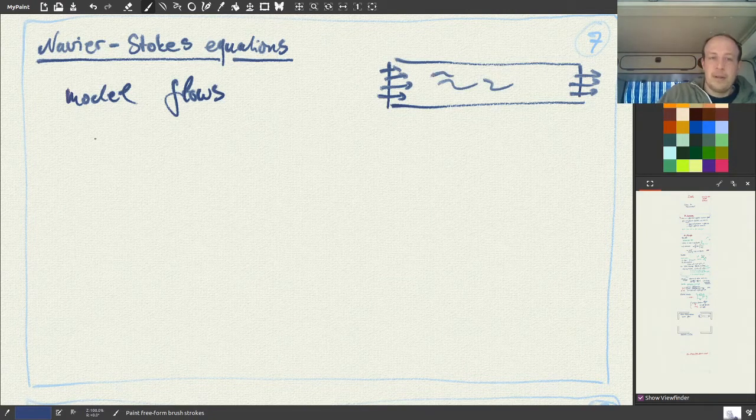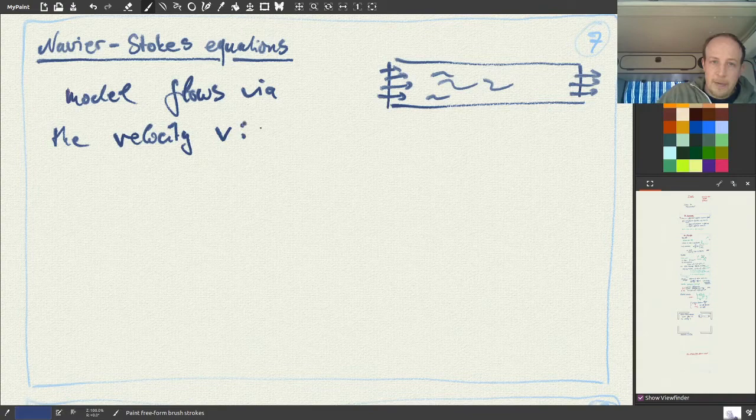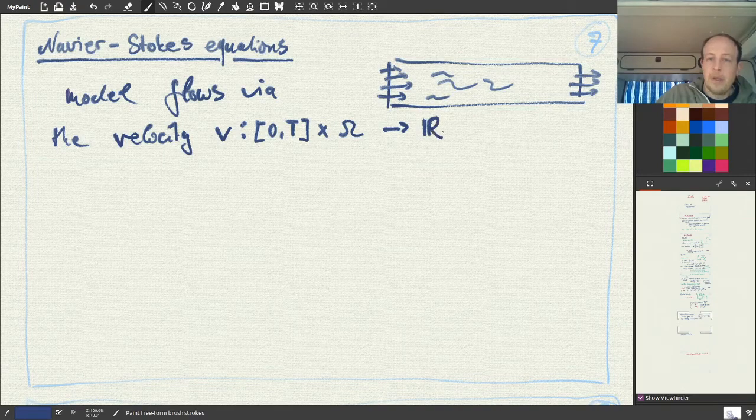And the model for that will be equations that describe the flow via the velocity v, which maps a time interval, say 0 to t, times a domain, often called omega, into R^2 or maybe R^3.